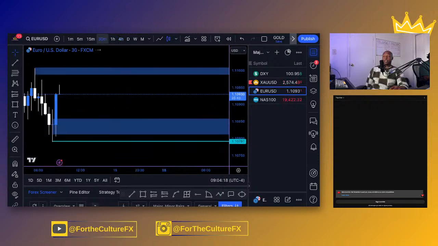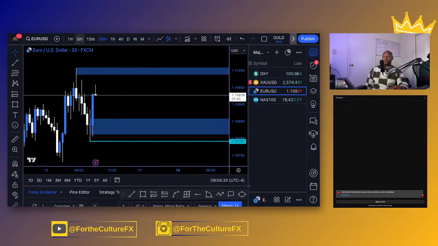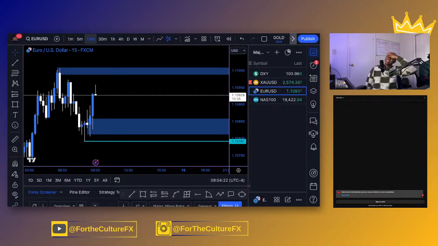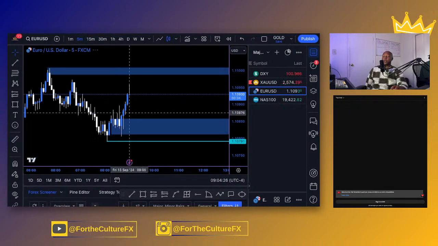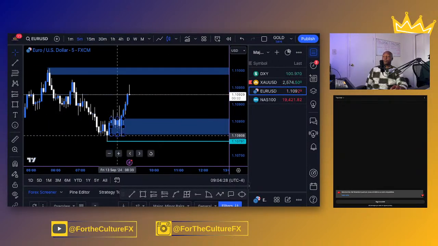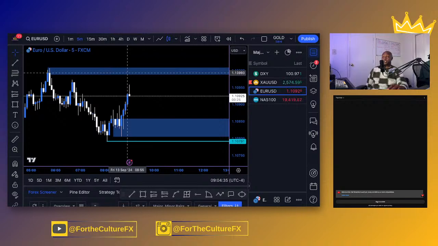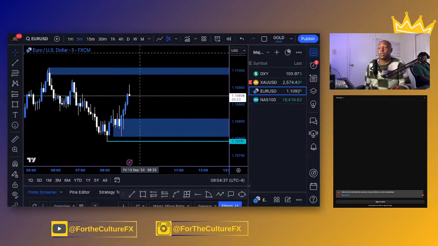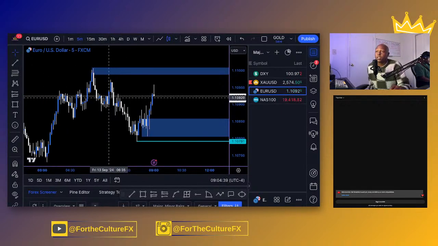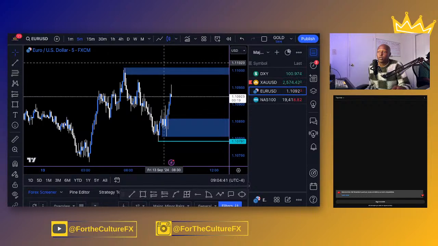So why would I anticipate price to come back down to this resistance? Hold on, give me a second. This resistance right here on the 5-minute time frame is because price could likely push down into this area. As long as it doesn't break this previous 4-hour candle low, it's likely that we can still see a continued bullish move to the upside. So we'll look to potentially scale into this play for price to push to the upside.